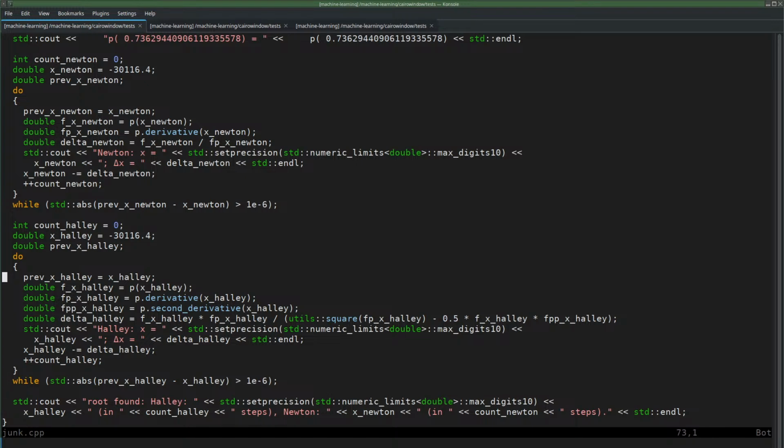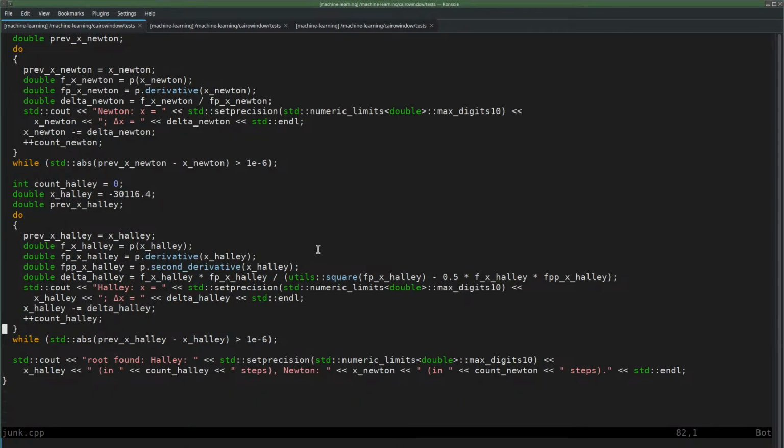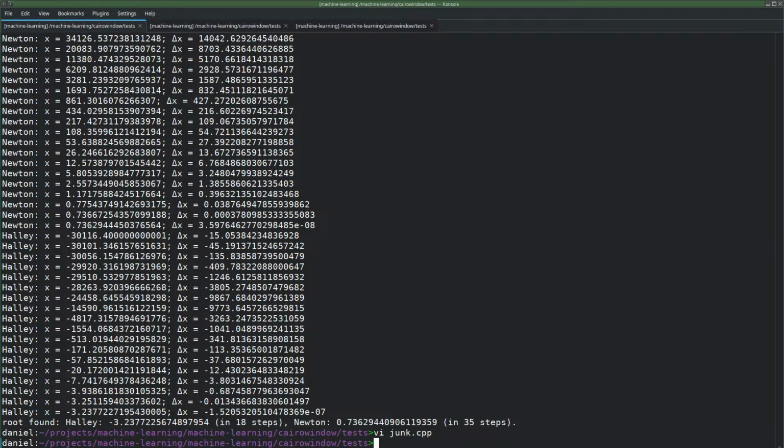The Halley thing does it do the same thing as the real code. Let's begin with implementing Newton, because even that one I don't understand. In both cases, I would expect that to find the root is minus 45,000.